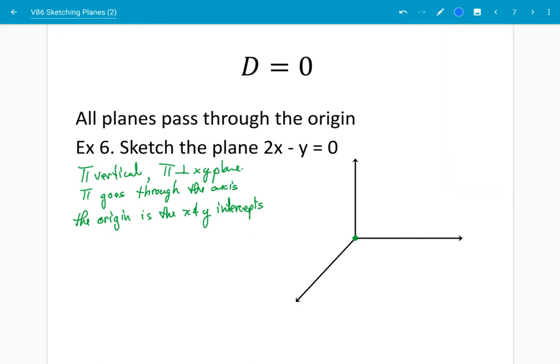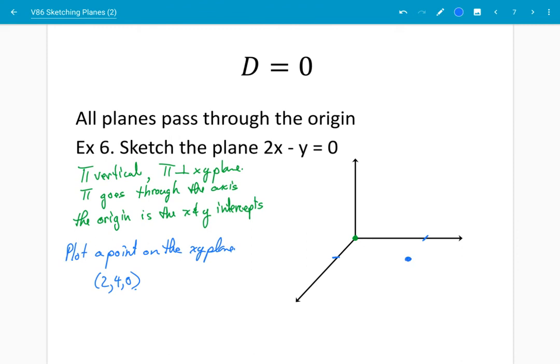What we do is plot a point on the xy plane. So for example, when x is 2, what does y have to be? 4. And of course, on the xy plane, z is 0. So 2 and 4, right there, I plot a point.